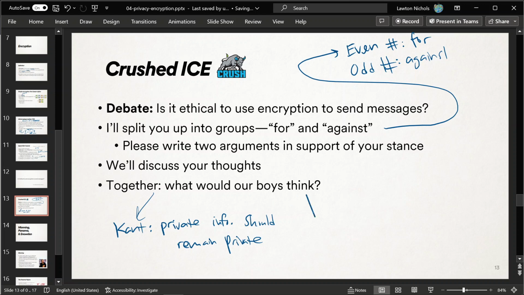And then Mill would always weigh the options. You'd be like, all right, encryption is good because it helps us with privacy. We get privacy out of the deal. That's a pro. But a con would be it's harder to protect people from harm if we allow encryption.